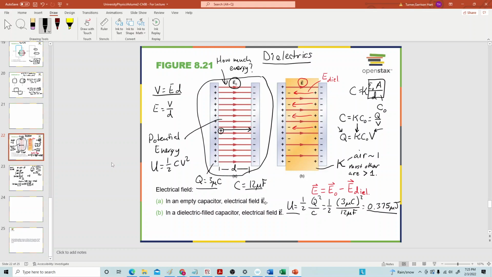Well, you can use this formula, 1/2 QC squared, or 1/2 Q squared over C, to solve for the voltage from the energy formula with the voltage in it.